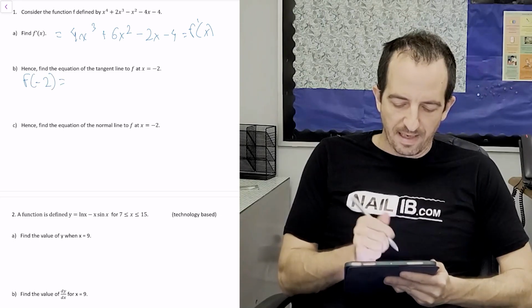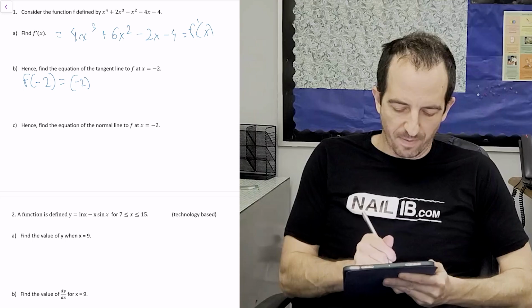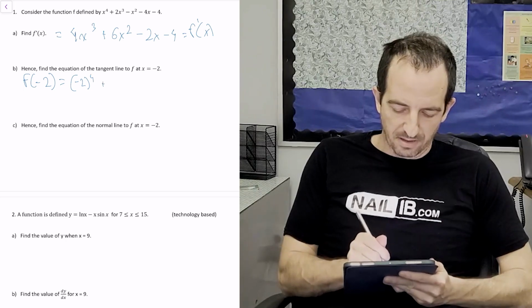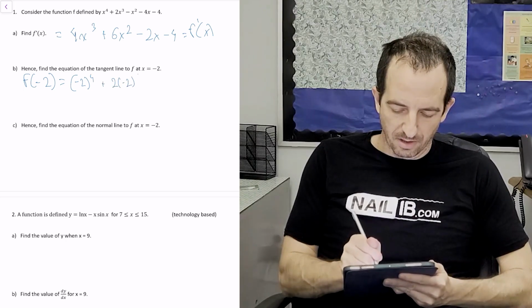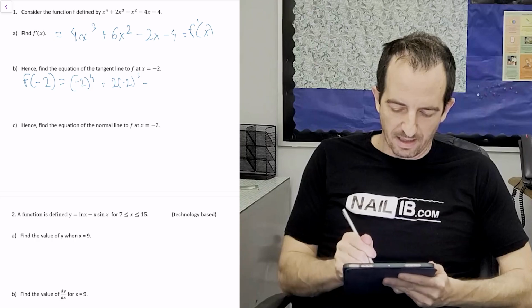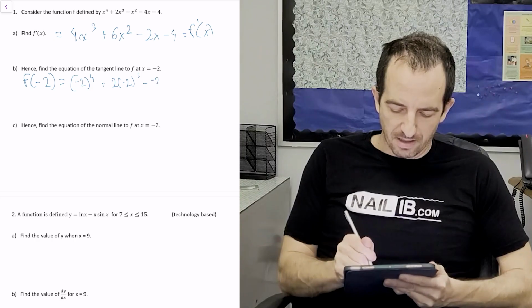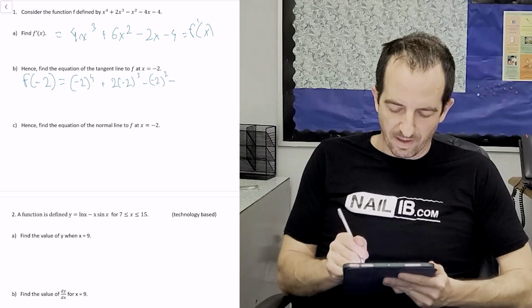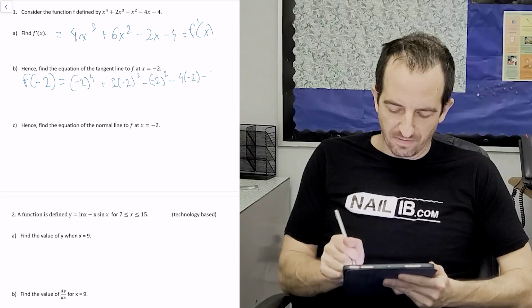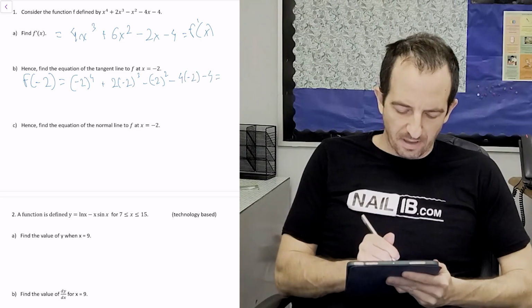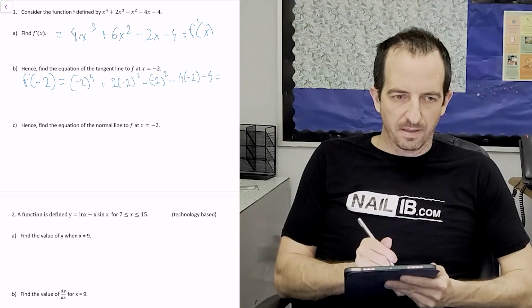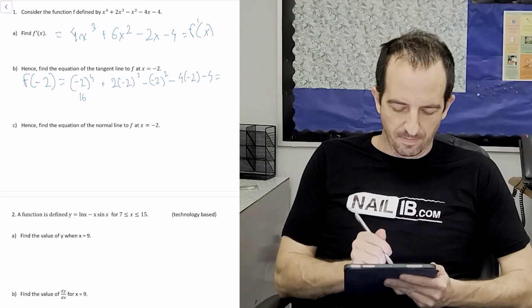f of -2 will be -2 to the 4th power plus 2 times -2 cubed, take away -2 squared, take away 4 times -2, take away 4. -2 to the 4th power is equal to 16.